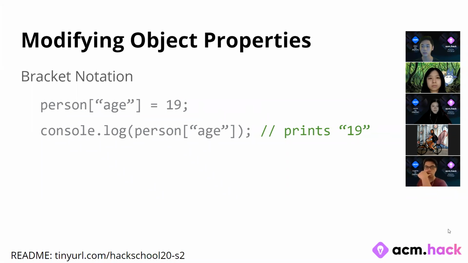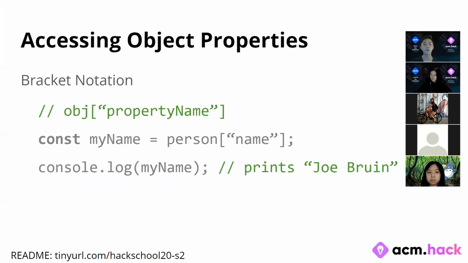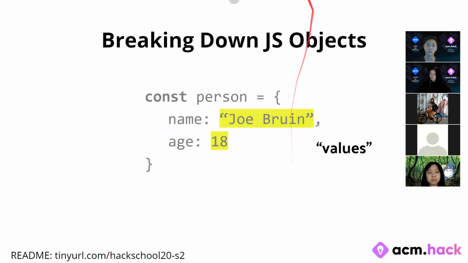When you say person age equals 19 here, does that modify the variable for every single object or just an instance of the object? Okay, let's go back to when I declare const person equals this object. Const person is just a variable. We just have one variable called person and it holds this object.